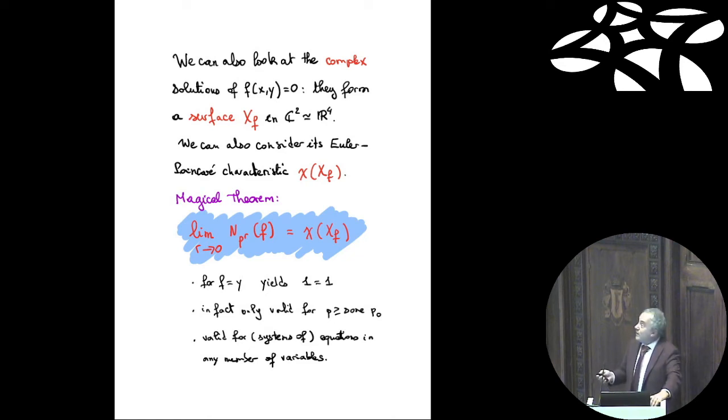You can recover the Euler characteristic of the surface of complex solutions as the limit when r goes to 0 of the number of solutions in the field with p^r elements. So maybe I should ask, why is there no meaning to that statement? Because r is a very discrete variable. It's a positive integer, so it starts at 1 and then 2, 3. And how can you take a limit when r goes to 0? This I will try to explain.